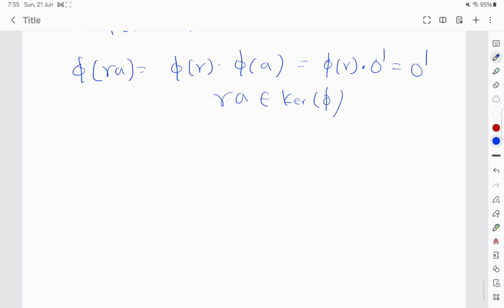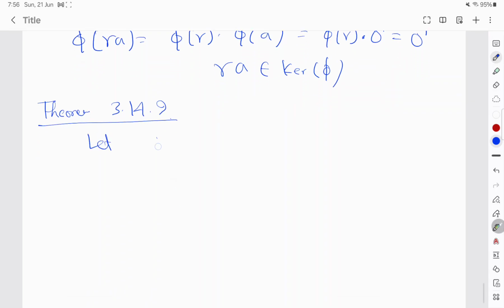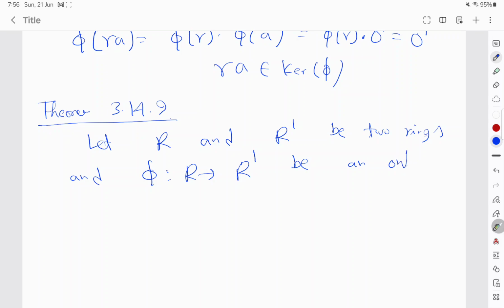Okay, this is important. You can skip 3.14.8; just focus on 3.14.9. Let R and R' be two rings and phi from R to R' be an onto homomorphism.